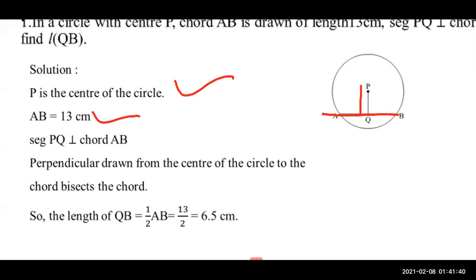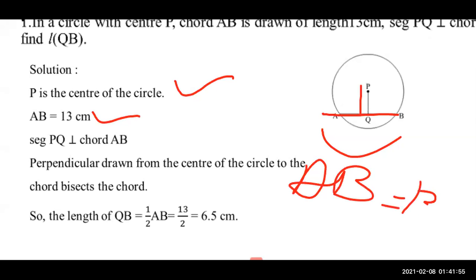Perpendicular drawn from the center of the circle to the chord bisects the chord. Now you can see over here, segment AB is given as 13 centimeter, then half of AB is our QB. Half of AB means 13 should be divided by 2.